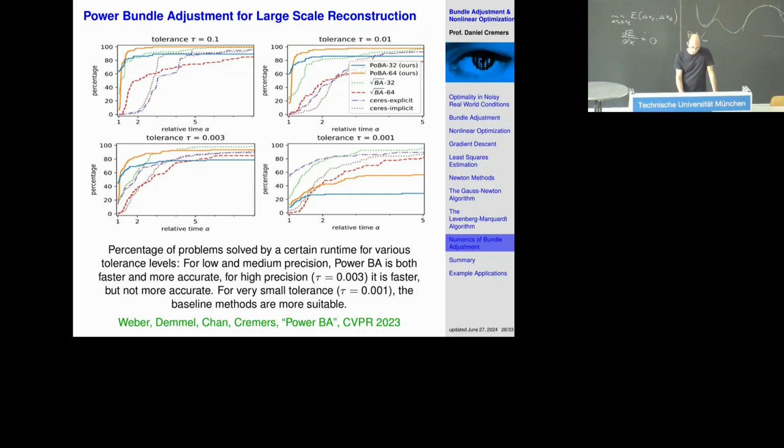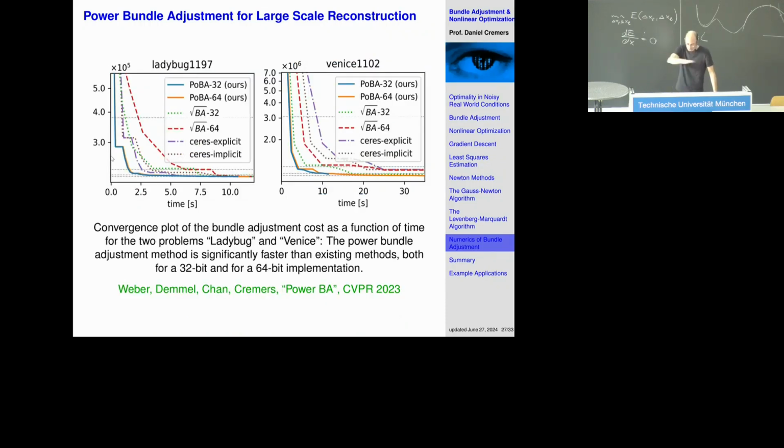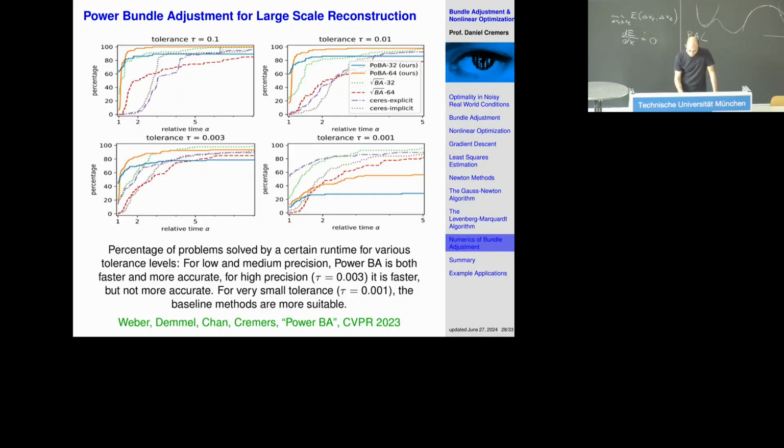And then obviously we terminate at a certain tolerance. Tolerances are these thresholds where we say, okay, this is good enough. This is the accuracy we want. You have low tolerance, which means you solve the bundle adjustment to low accuracy. And then you have high tolerance and very high tolerance levels, right? And what you see is that power bundle adjustment, these orange and blue curves, dominates the performance for low and high and very high tolerance. Only at extreme tolerance at some point, this approximation is no longer the fastest.